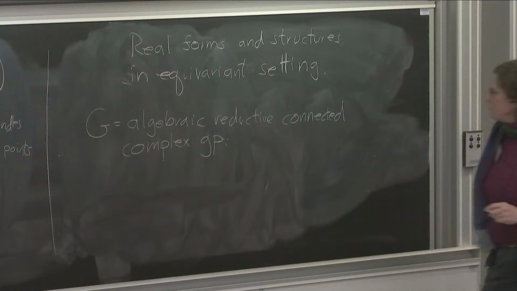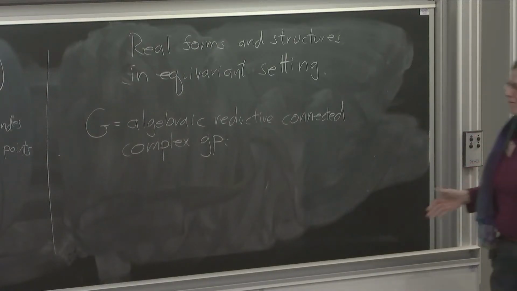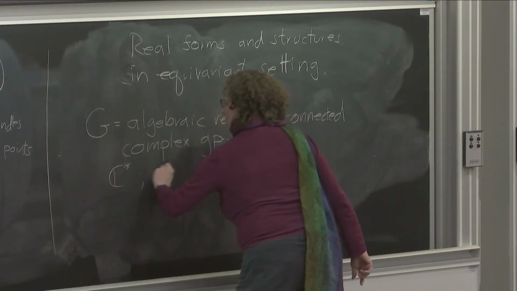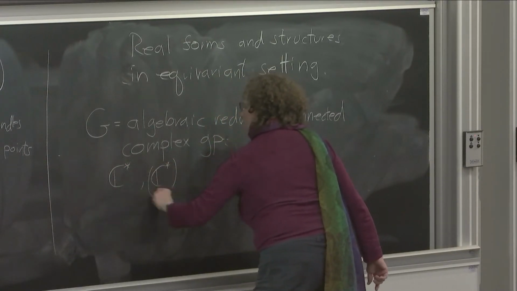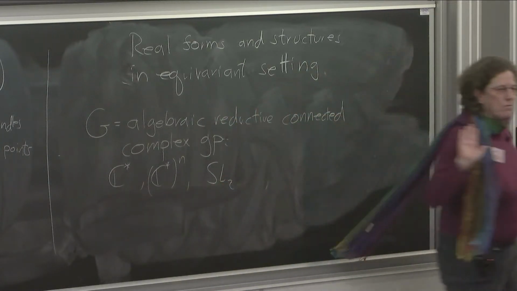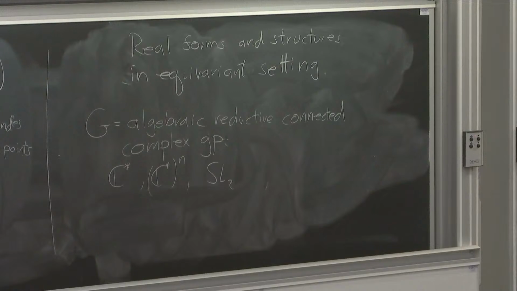If you're not familiar with reductive, it doesn't matter. You can just think of C star or C star to the power n, SL2. Those are the ones that I'm going to be most interested in, but of course you can do SLn, there are many others, okay?